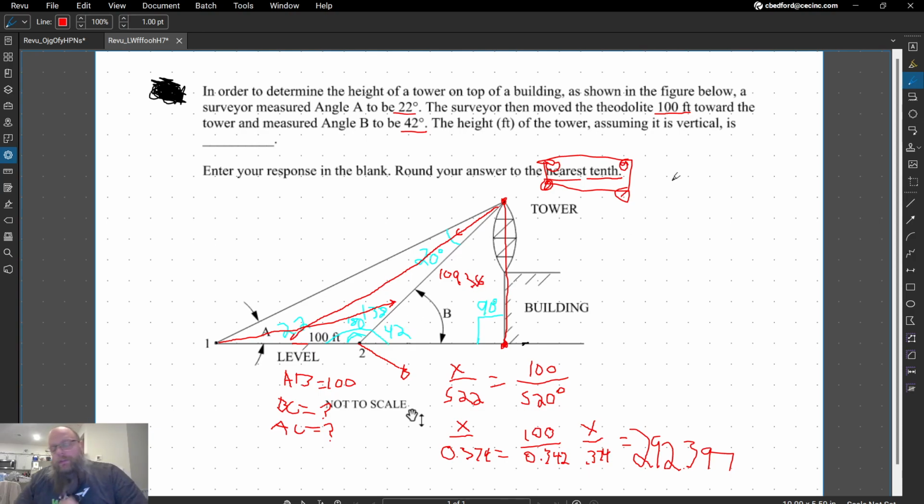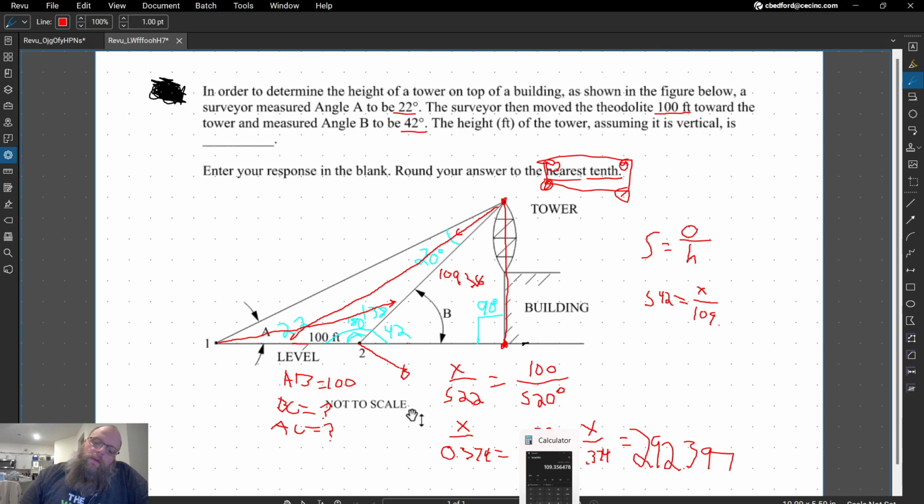So we know that that is SOHCAHTOA, so it's going to be the sine, which is opposite over hypotenuse, which is going to be the sine of 42, which is equal to x in this case over 109.356.